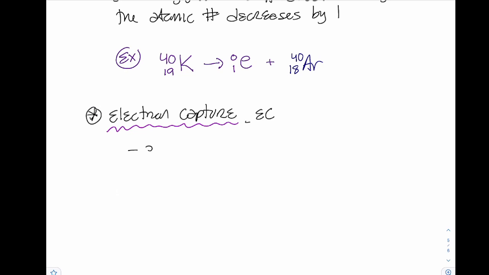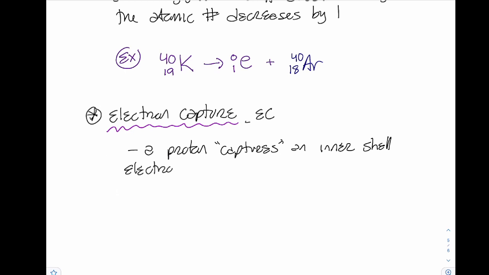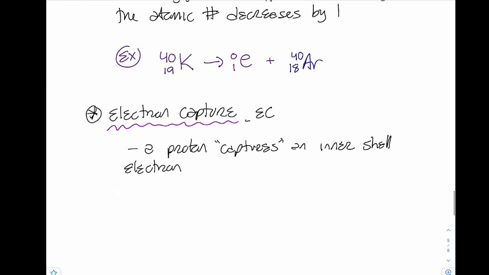So a proton captures, I think that always sounds funny, an inner shell electron. This type is not very common. And then this converts a proton into a neutron.